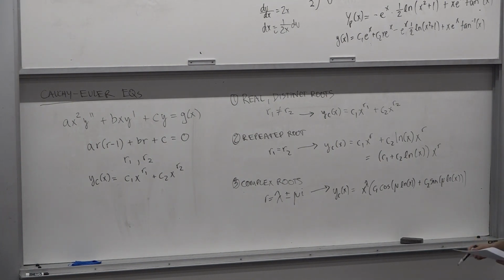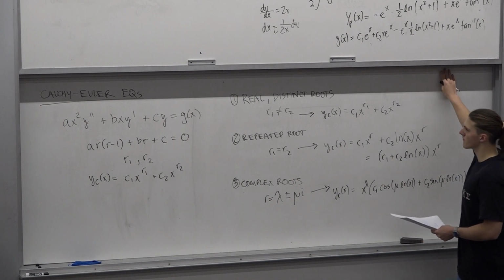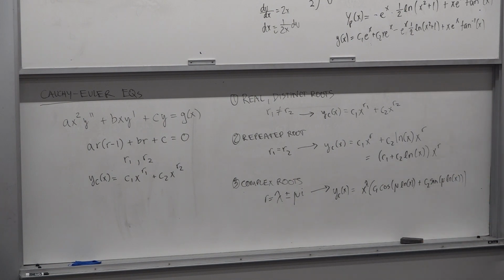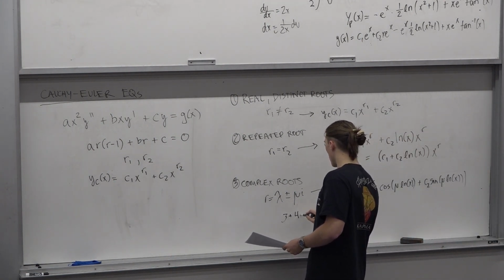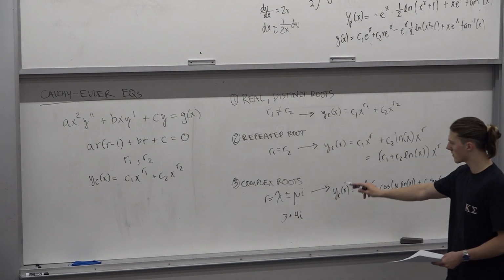So, three cases. Let's do some practice. It's essentially the same as your homogeneous case with constant coefficients, just three new variations to memorize. I'll keep this up for a couple seconds. Lambda over here, is that just going to become a constant? Yeah, lambda and mu are constants. Like if it was 3 plus 4i, lambda is 3, mu is 4.